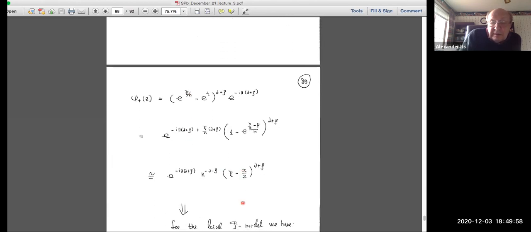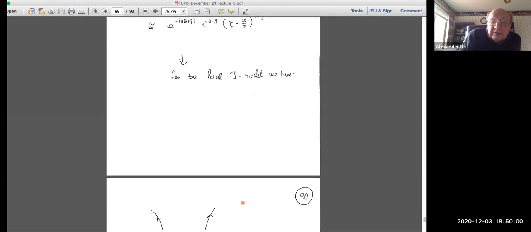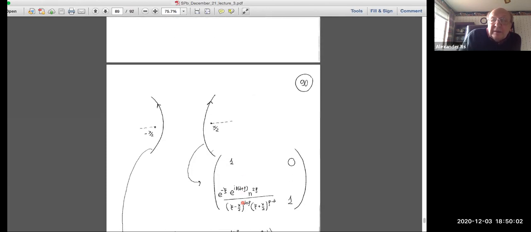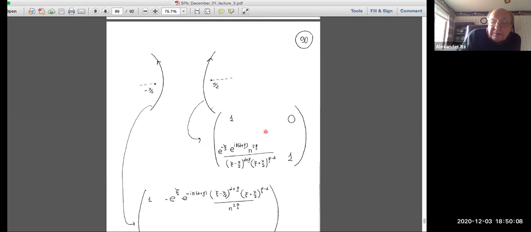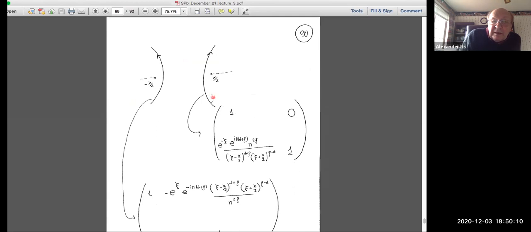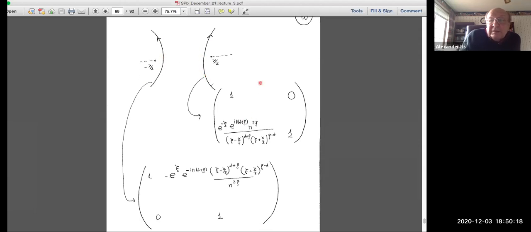So it means that for the local problem phi, now I am going to the xi plane, I would obtain the following. These are the parts of gamma naught and gamma 1. And this is what I have.